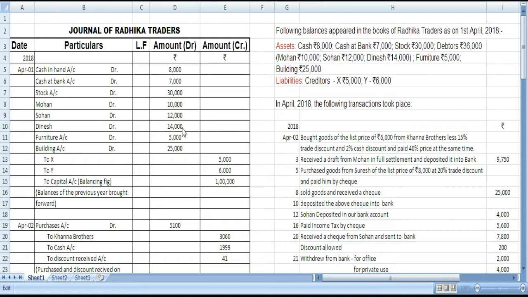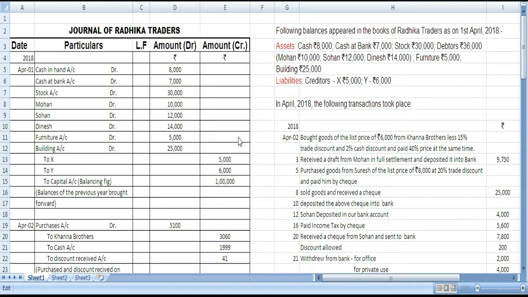So here we have written down, I have already typed the answer, because it will take too much time if I keep on typing while explaining, as this question is quite lengthy.